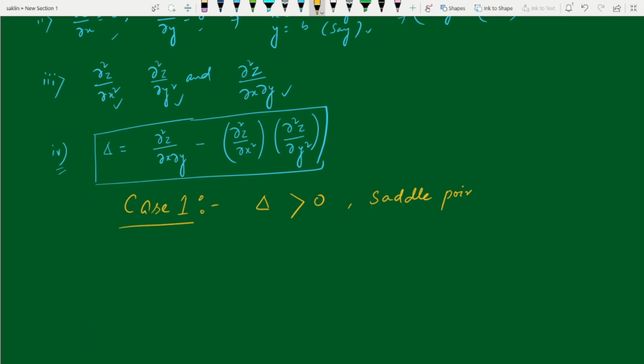What is meant by saddle point? There is a question. Saddle point is the point where no extremas are present. That means no minima and maxima will exist.